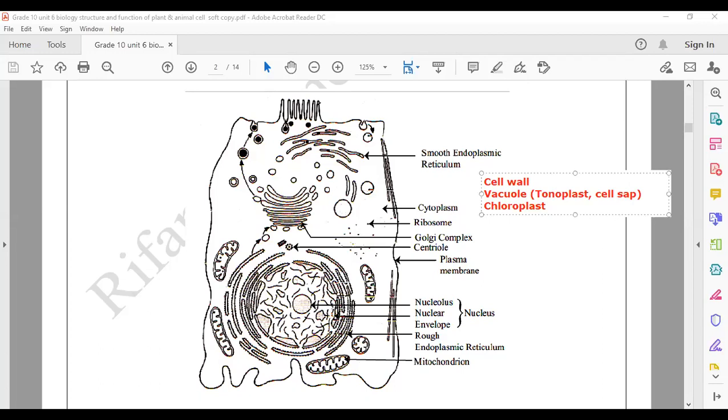But you don't have much about centriole in your syllabus. With this picture, it is leaving you. You don't have much about it. My children, let's get back to this picture.